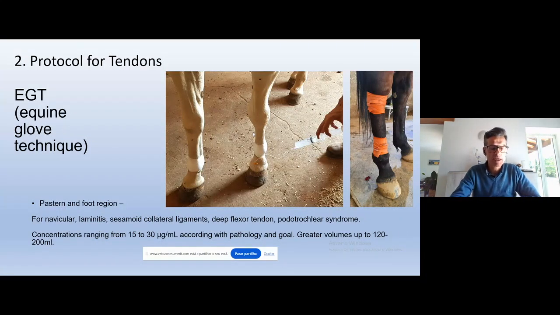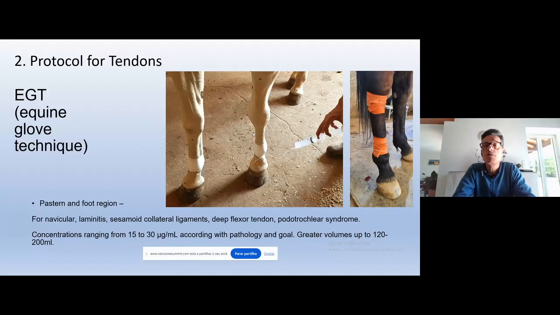In terms of action in the tendons, I leave you this slide here because it shows a technique that I developed a few years ago. This technique is a transposition of a human technique used to treat rheumatoid arthritis.